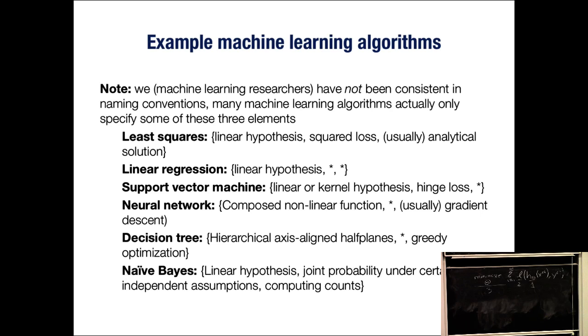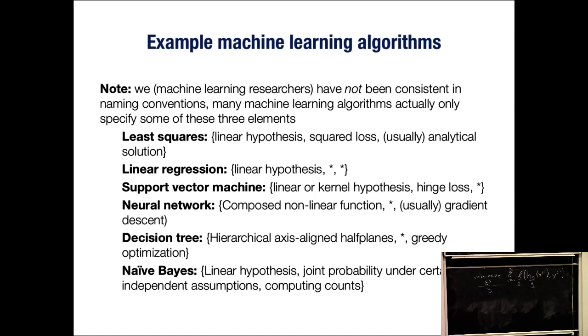On the flip side, linear regression actually is a more broad term. That term usually just means a linear hypothesis class, where you can use other loss functions potentially, and where you can use other ways of optimizing it. So, for example, what we're going to talk about in a second later on is using an absolute loss.